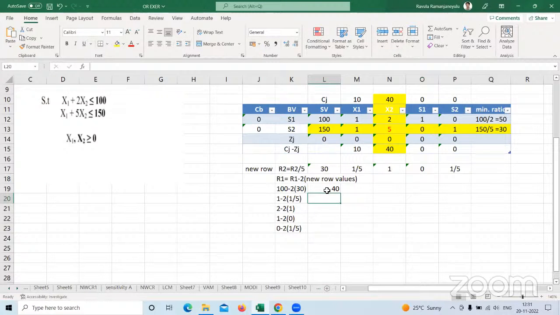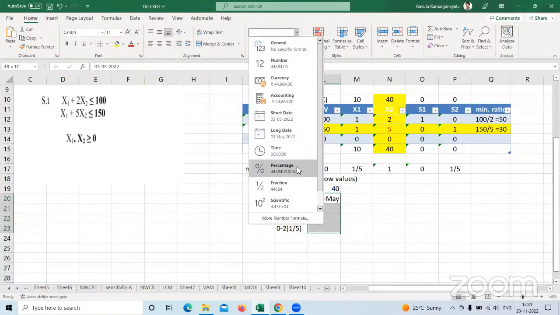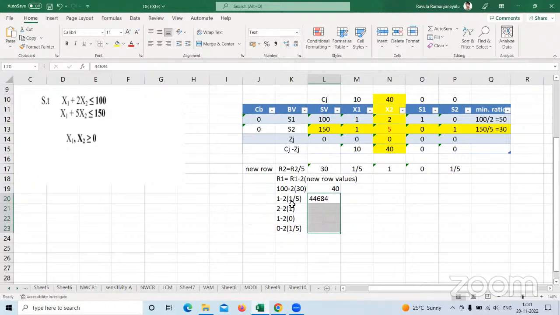Here 1 minus 2 by 5 is 3 by 5. Next, 2 minus 2 is 0, 1 minus 0 is 1, and 0 minus 2 by 5 is minus 2 by 5. These are the new values for the other row.